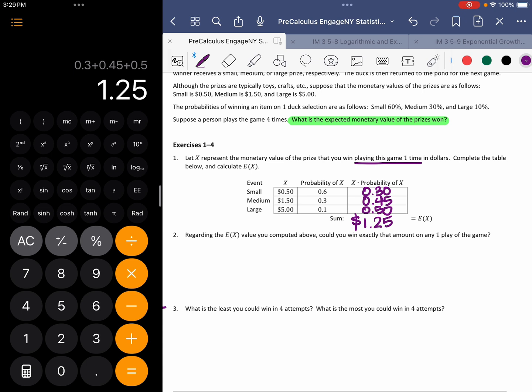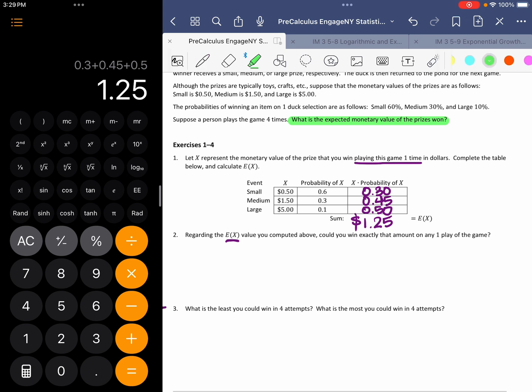So number 2 asks, regarding the expected value that you computed above, could you win exactly that amount on any one play of the game? Could we win $1.25 on just one play of that game?